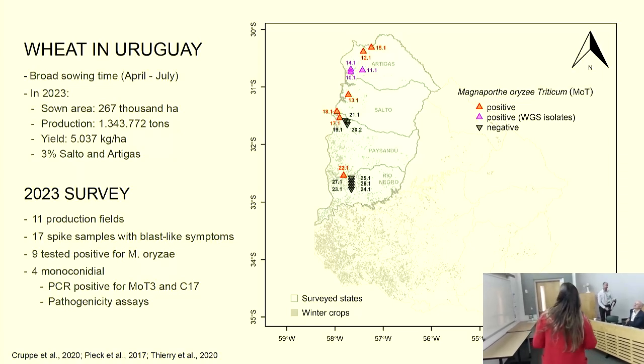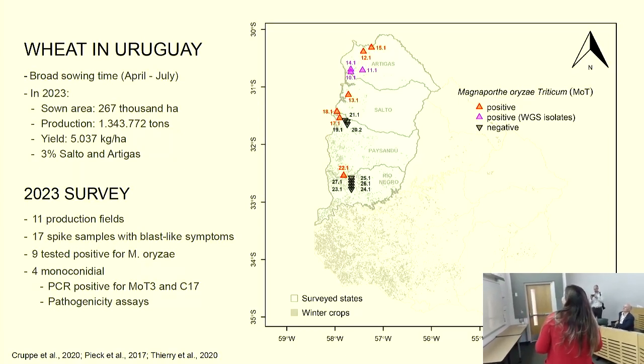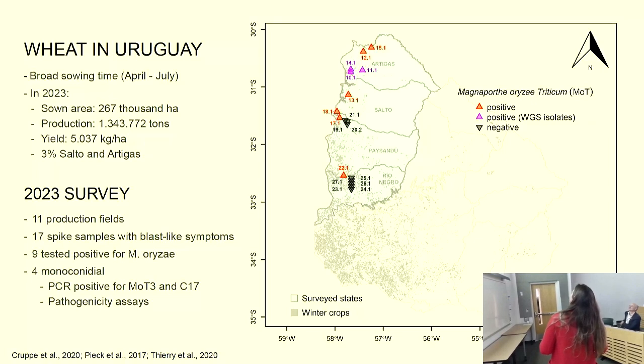As you can see here, most of the wheat is actually grown in the southern part of the country, okay? Then, in sky blue, I marked all the states that we actually went to survey, so these 4 states here.